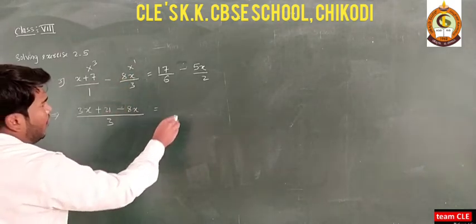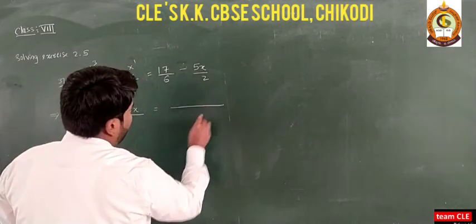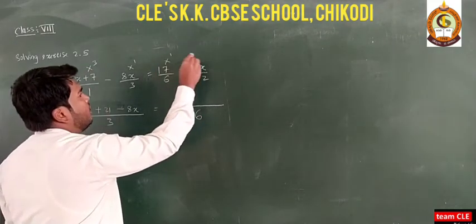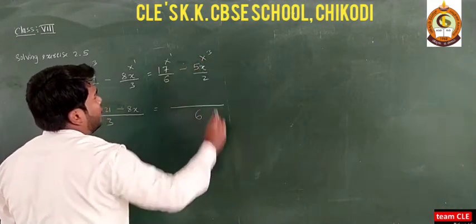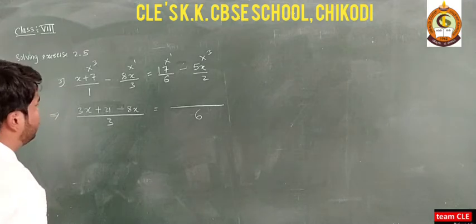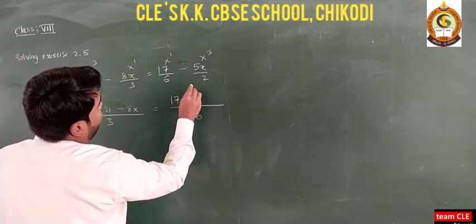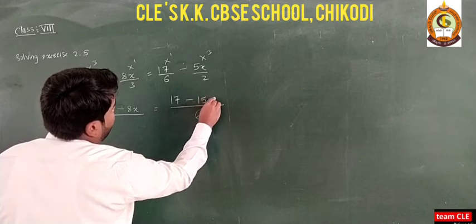Again, between 2 and 6 the LCM is 6. So 6 ones are 6, and 2 threes are 6. So again this is 17 ones are 17, minus 5 threes are 15x.